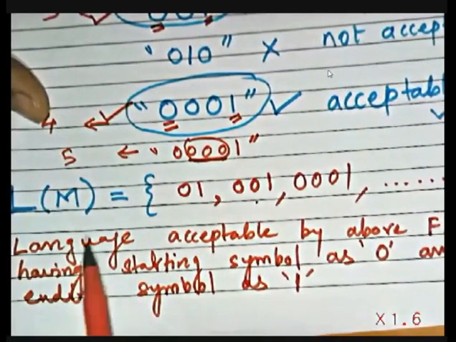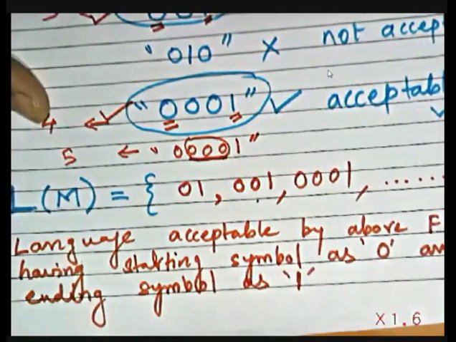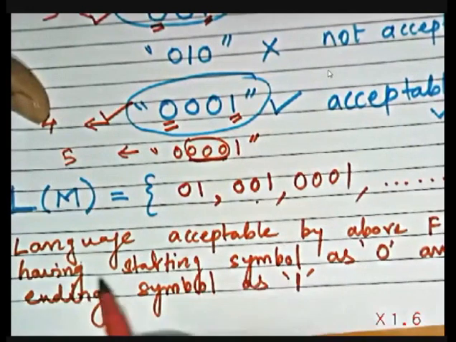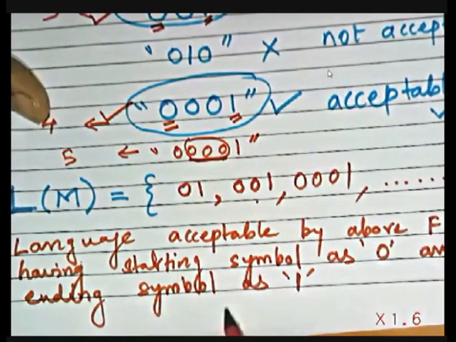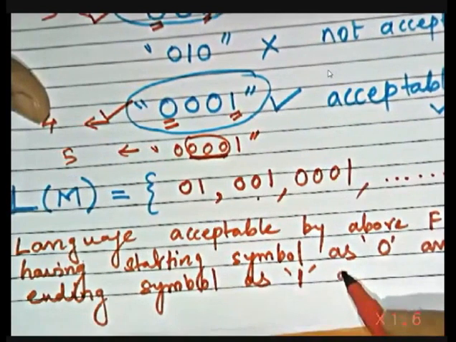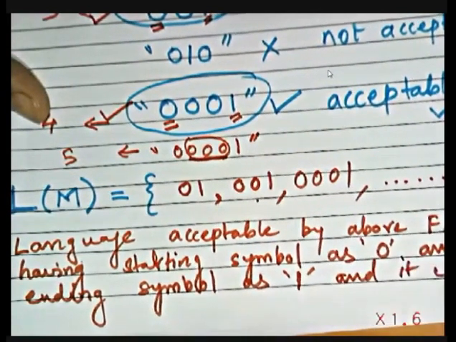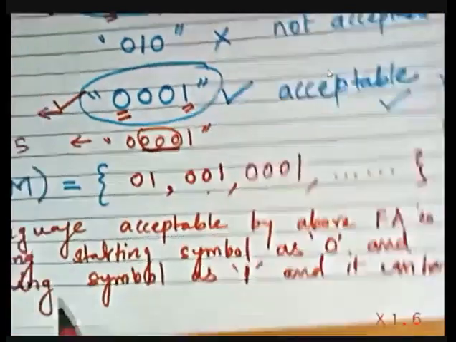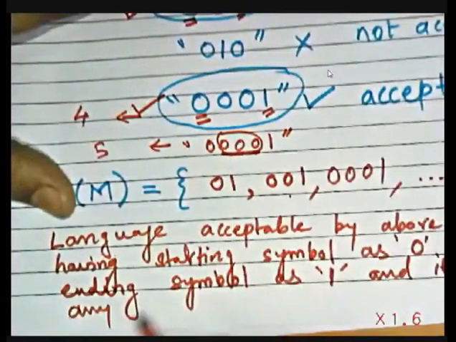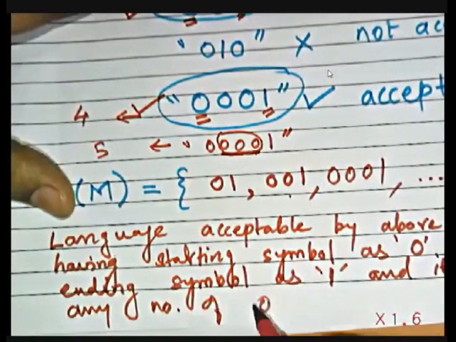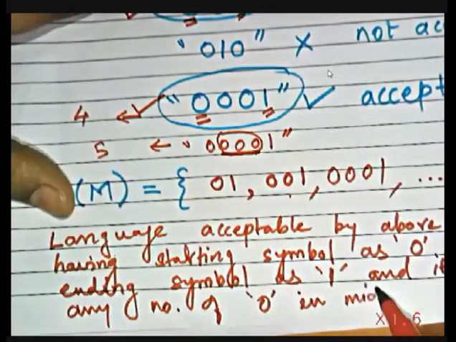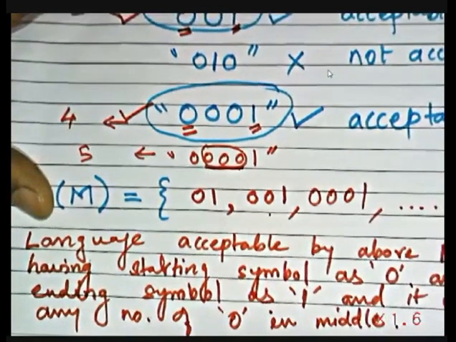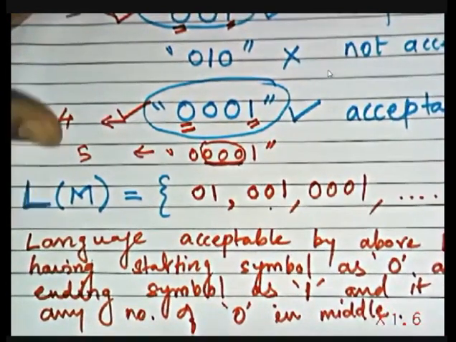So the language acceptable by the above finite automata is having starting symbol as 0 and ending symbol as 1, and it can have any number of zeros in the middle, right? So now you have a proper description of this language.